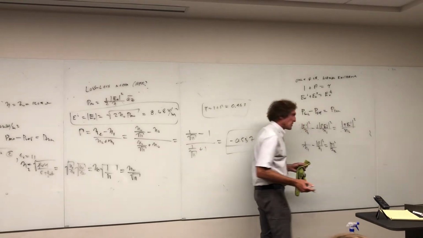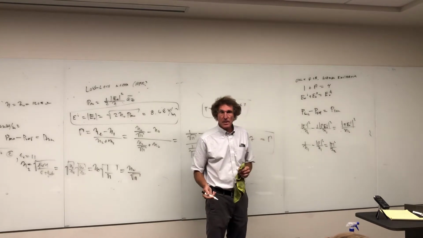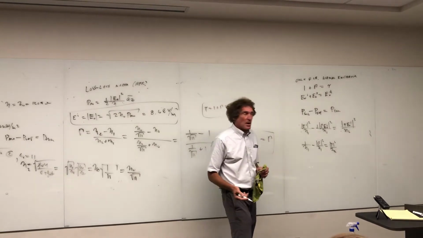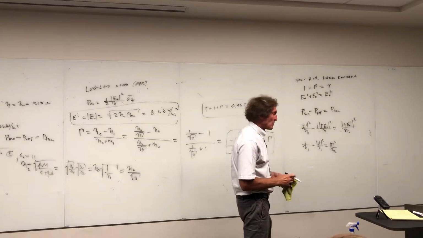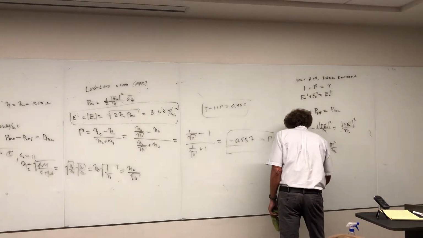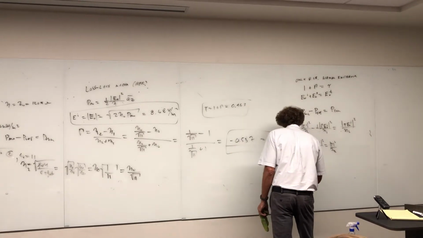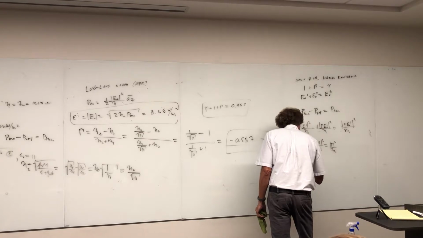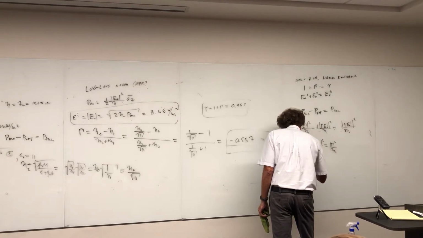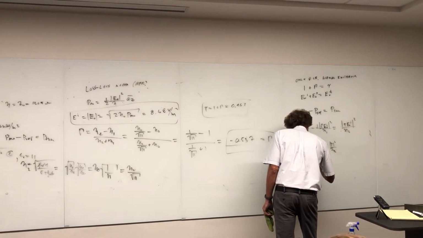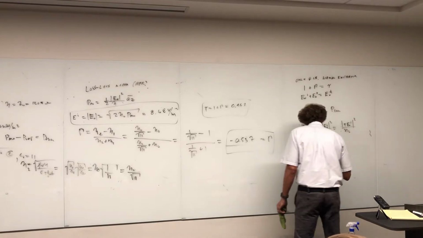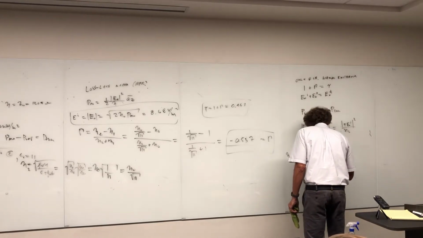Can you all follow me on what I'm doing? Everybody? Now multiply both sides by eta 2, eta 1. And here finally I get, hope you can read this, eta 2 times the quantity 1 minus magnitude of the reflection coefficient squared is equal to eta 1 times magnitude of the transmission coefficient squared.